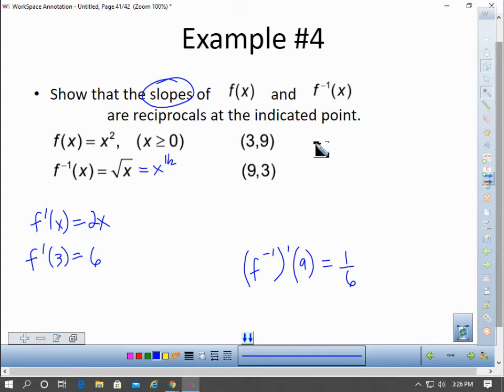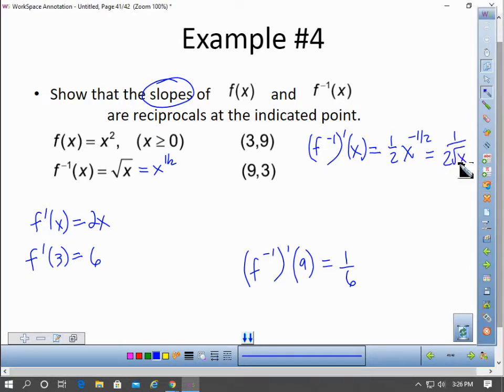So I'm going to take the derivative. So f inverse's derivative is going to be multiply the 1/2 to the front, subtract 1 gives me x to the negative 1/2, which means this can be written as 1/(2√x). Because that just means a square root moved to the bottom, okay? 1/2 is a square root, negative means move it to the bottom.